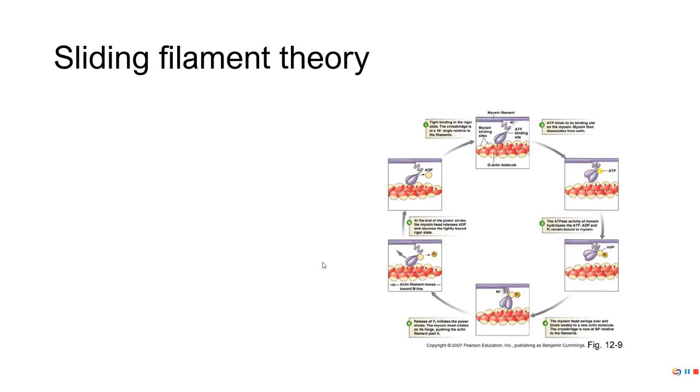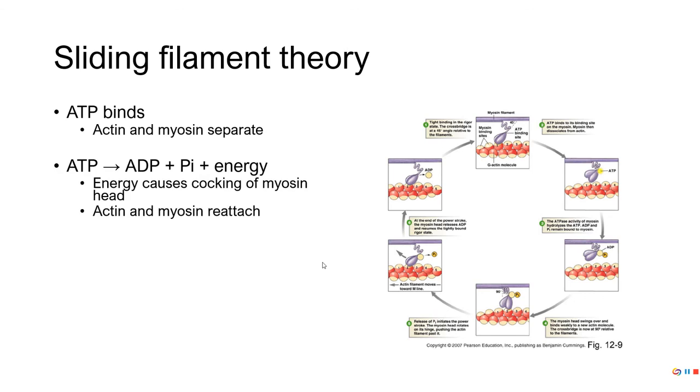And so what's happening is you have something going on with ATP, which is going to cause a change in myosin and actin. Really it's causing a change in myosin that will potentially affect actin. So when ATP binds to myosin, actin and myosin separate. When ATP breaks down, the energy causes that myosin head to cock. And in doing so, actin and myosin are reattached.